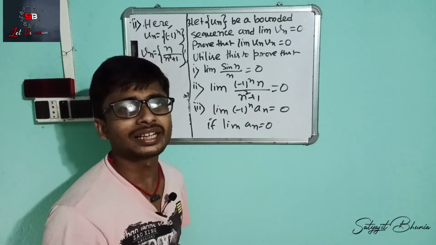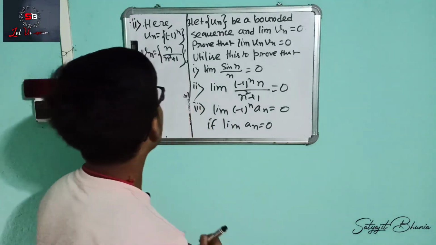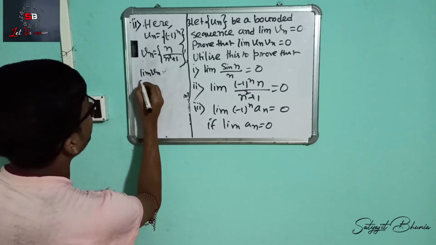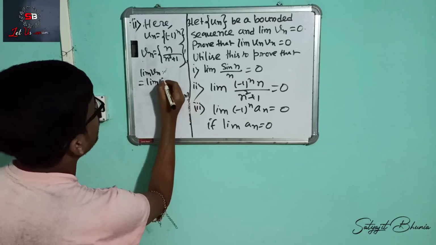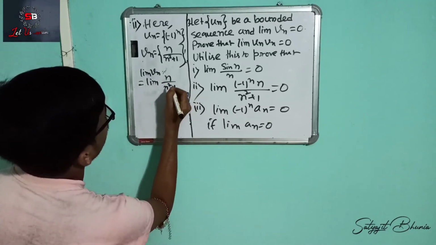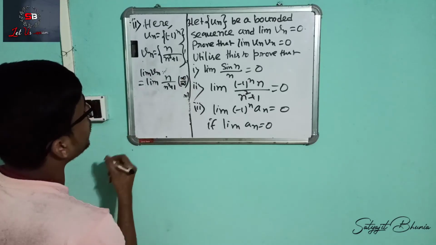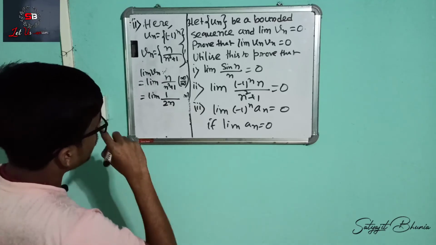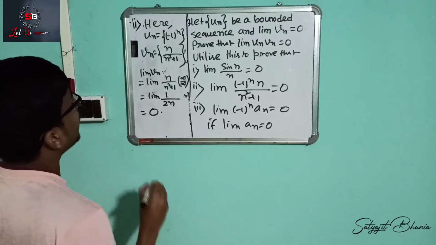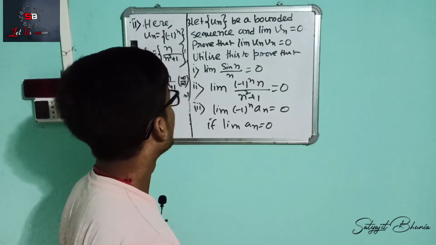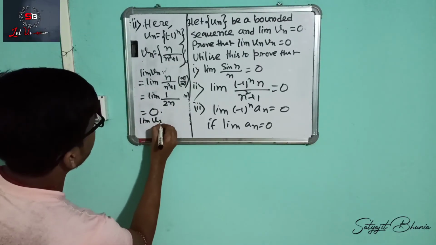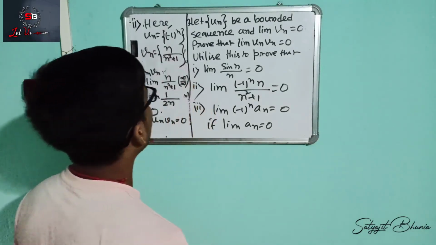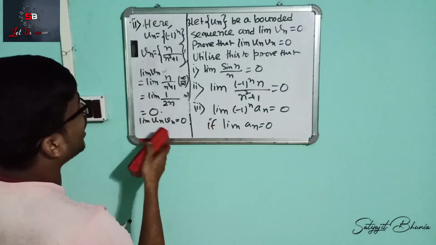Okay, so we can say that this sequence is bounded, and now we will check whether limit vn is equal to 0 or not. Limit vn is equal to n by n square plus 1, which is an infinity by infinity form, so we will differentiate, and that will give the answer 0 from L'Hospital's rule. So limit un vn is equal to 0 from the above result. So now we quickly move on to the third question.